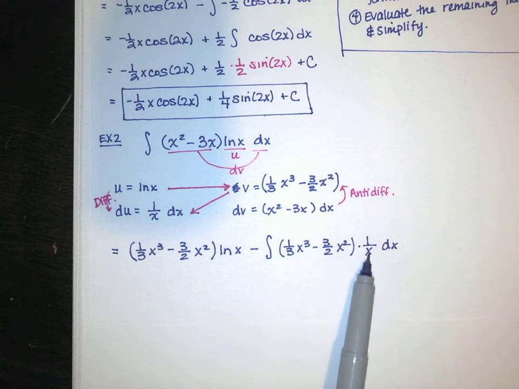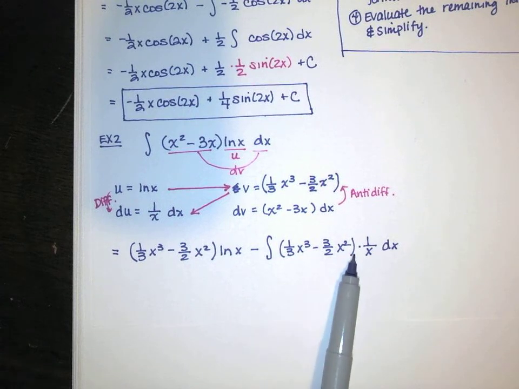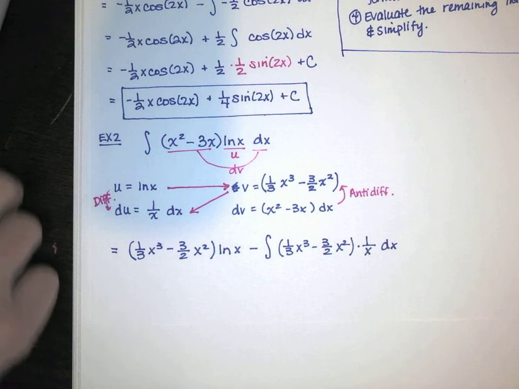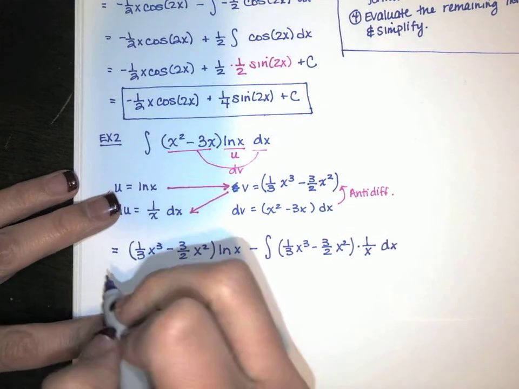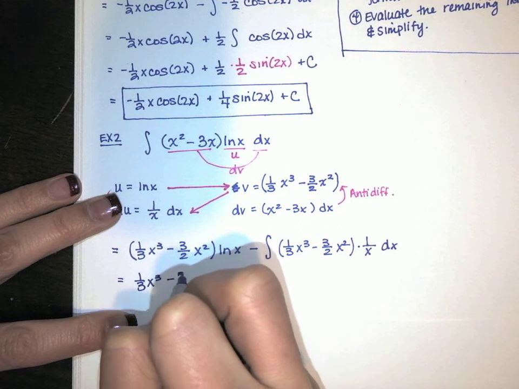Remember, this 1 over x is an x to the -1. You can distribute that x to the negative 1 in, or you can think of this x as canceling with one of each of those x's. So let's write that down.